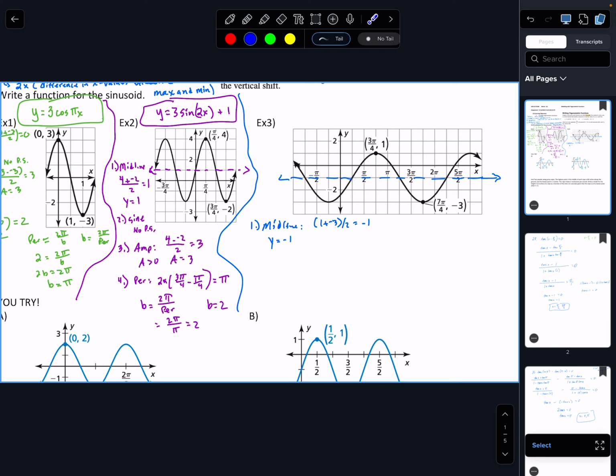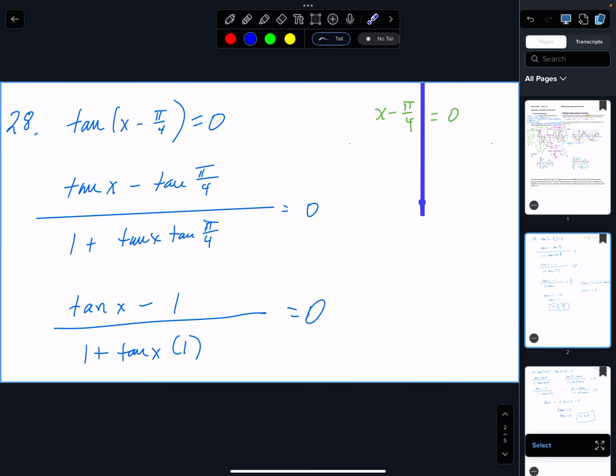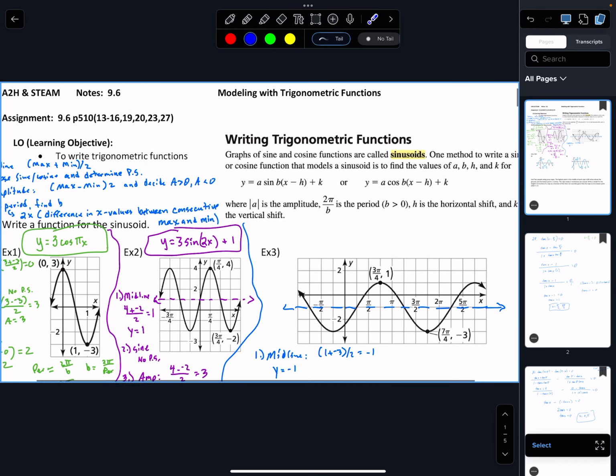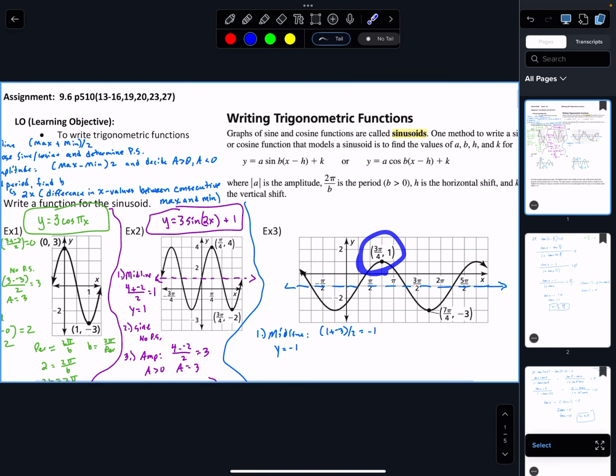But you could also see that it hits a minimum to the left pi fourths, same distance, but it's shifted to the left. But if it's starting at the minimum, that would be a cosine curve, and it's a reflected cosine curve where a is negative. So you can either do cosine or sine. It is also true that I could go all the way to 3 pi fourths, to the maximum.